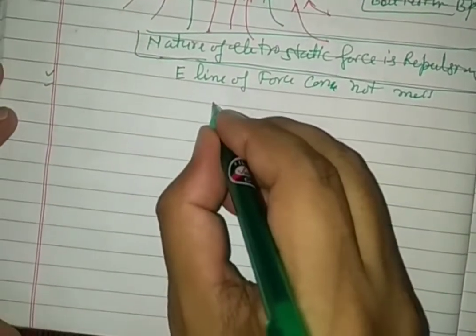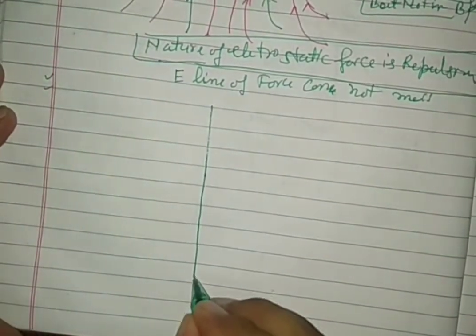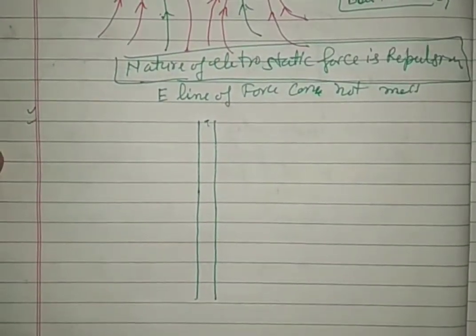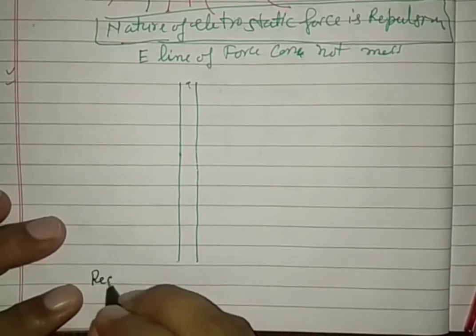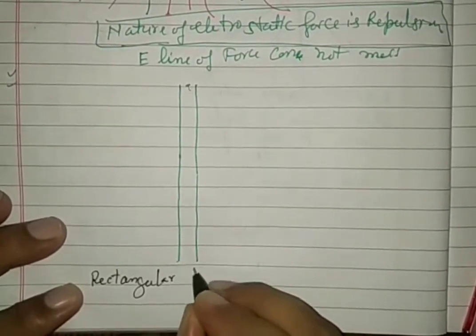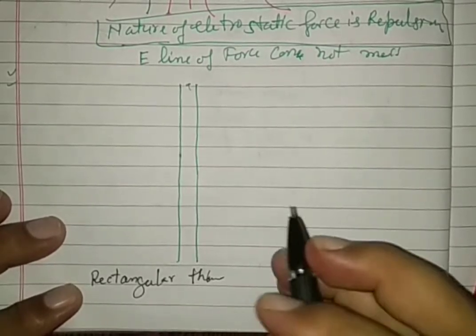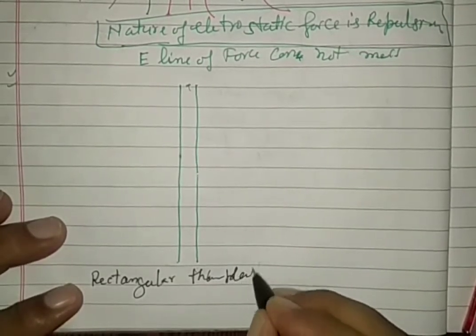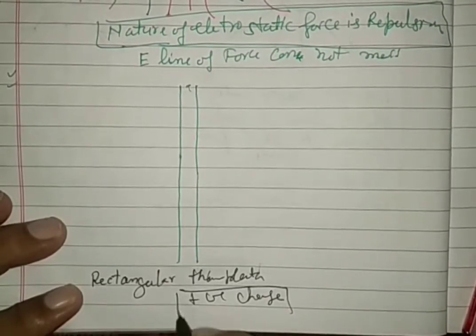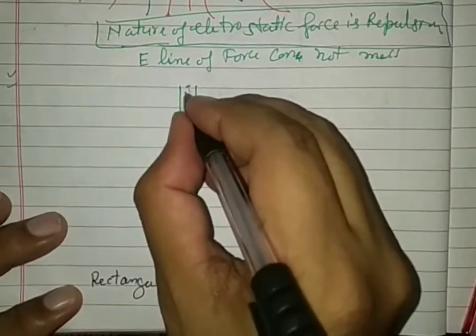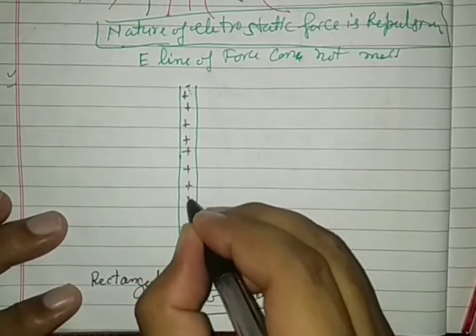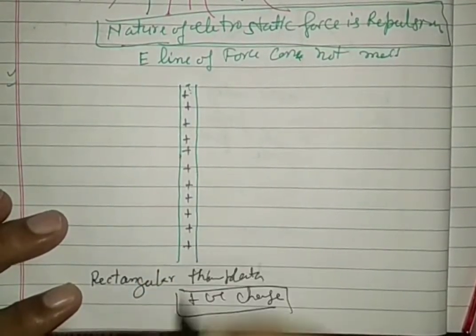Carefully, now see one more thing here. If we have one rectangular thin plate with positive charge, plus, plus, plus, plus, plus, plus, plus.